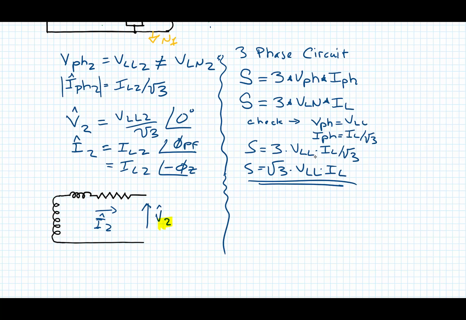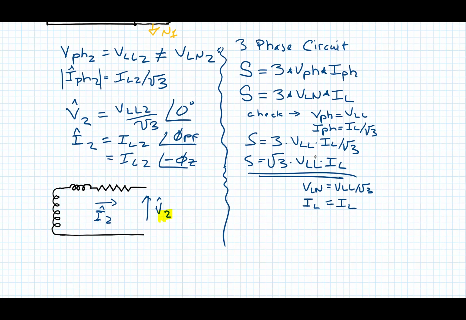In our line to neutral circuit, the V line to neutral is equal to V line to line divided by square root of 3. And the I of that circuit has to be the line current. A little bit redundant there, but we're really saying that I phase is the line current in our equivalent line to neutral, and that means I've got this neutral point right here. So this current here has to be the line current.